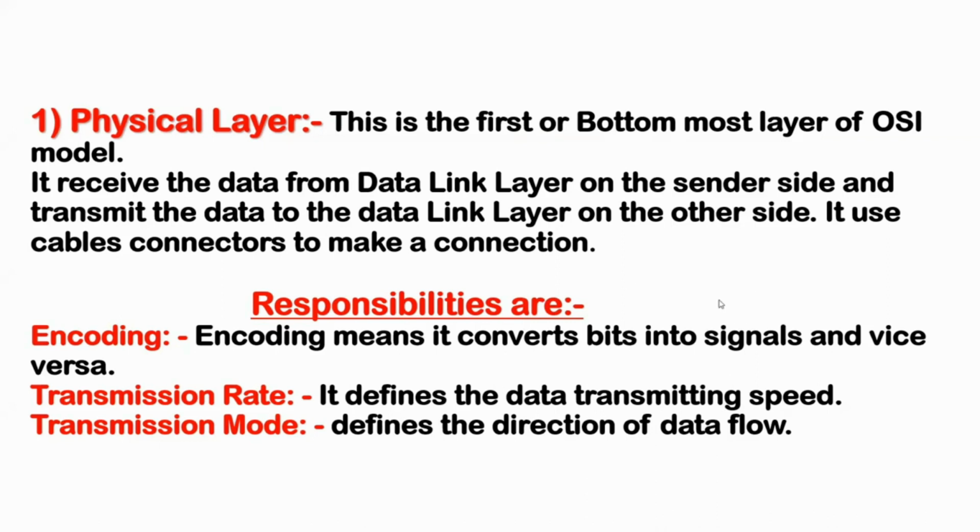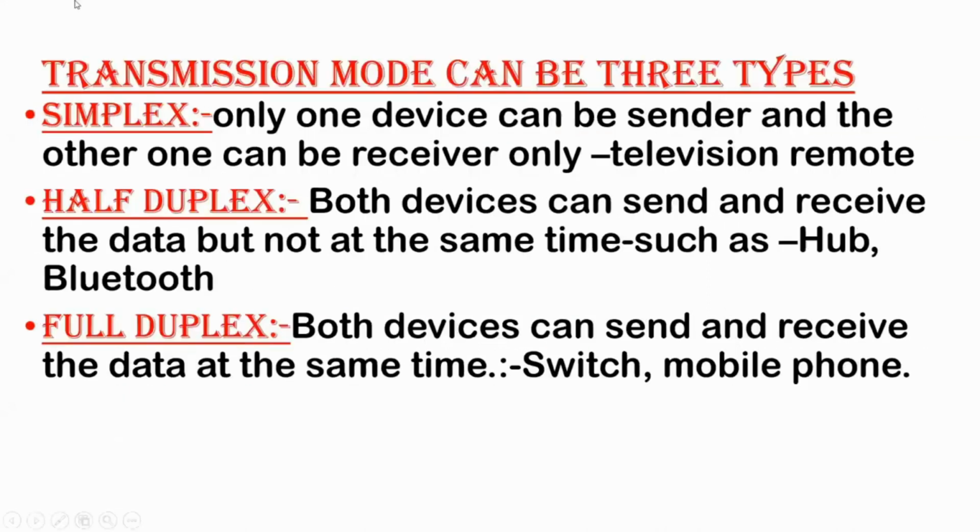Yeah, clear. When we talk about transmission mode, we can say we have three types: one is simplex, second is half duplex, and third is full duplex. Simplex means only one device can be the sender and the other one is the receiver.